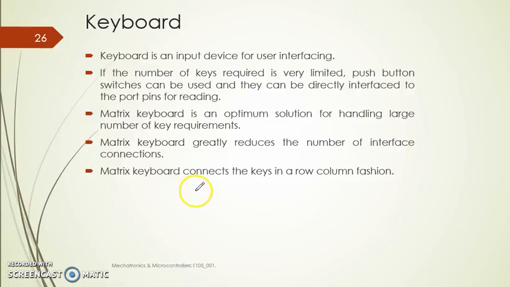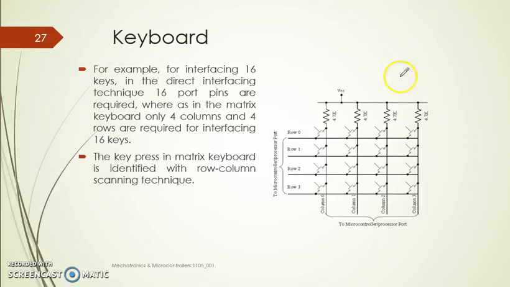Usually the keys are connected in the form of rows and columns. Here is a diagram of 16 keys connected as a 4 by 4 matrix. The key press in the matrix keyboard is identified with the row column scanning technique. What do we mean by this?